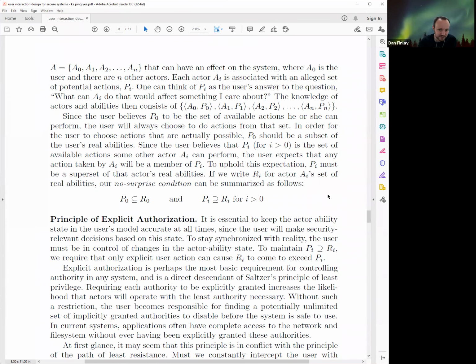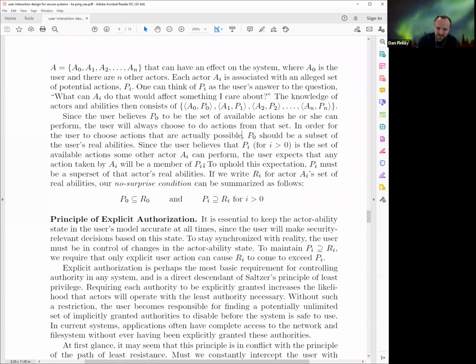of their real abilities. Since the user believes that another agent's alleged possible actions is the set of available actions for that other actor, the user expects that any action taken by that actor will be a member of that actor's alleged possible actions.